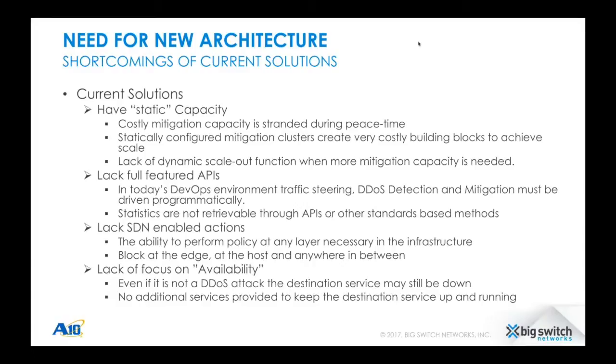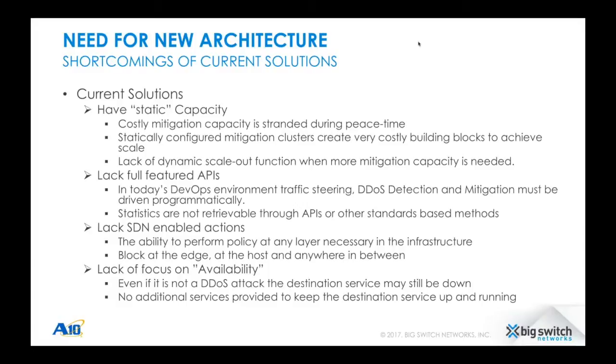The current systems lack a full-featured API. So you'll see in DevOps environments, like many of the ones that we deal with, most of these devices have to be driven programmatically. And if there isn't a full-featured, for example, RESTful API like the A10 Thunder TPS employs, it makes it very challenging.